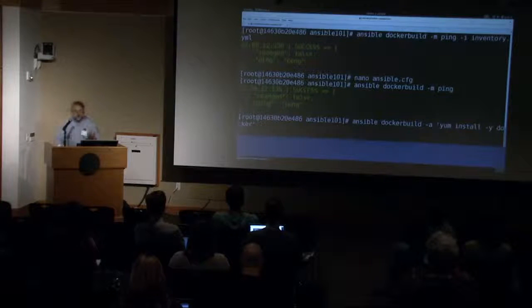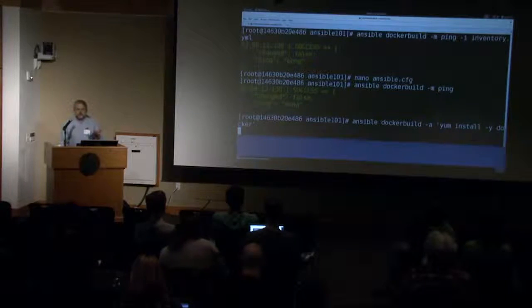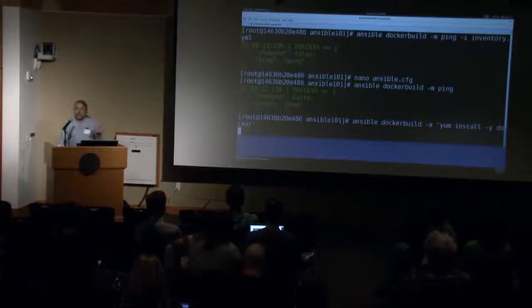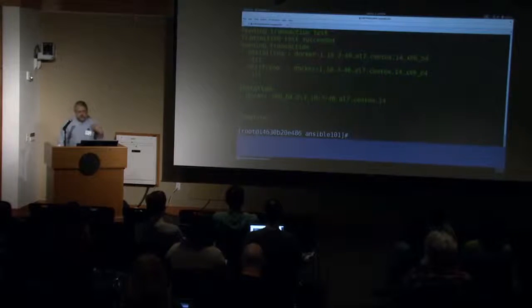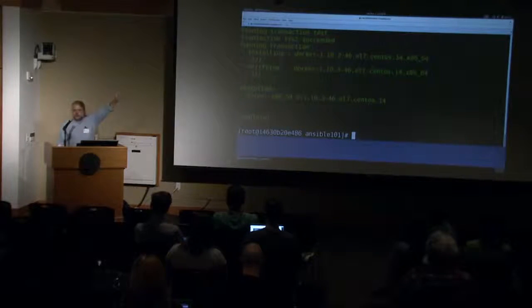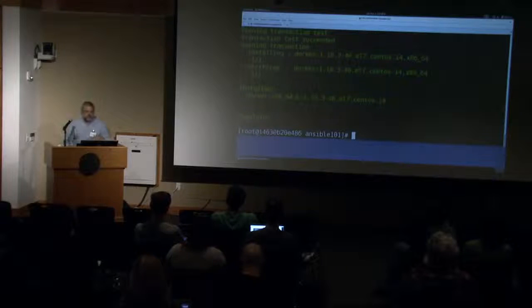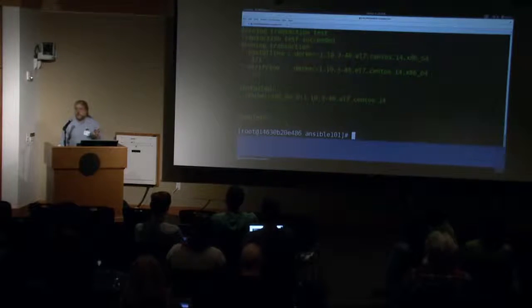So it's going to go ahead and install Docker on the target host or all the hosts in the Docker build group. But all I'm doing is just passing an SSH shell command to the remote thing. So you can obviously do that with Ansible. That's sort of the most primitive way to do it, and this is certainly not a very good way to actually install packages on target systems.